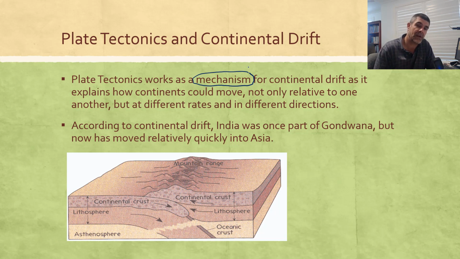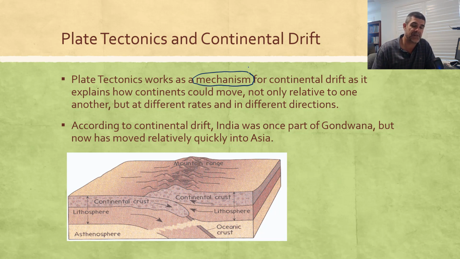But what we can do is at least try and understand that the fact that the continents do seem to be sitting on the middle or towards the edge of these plates, that we can start to get a little bit of an idea about what's going on.